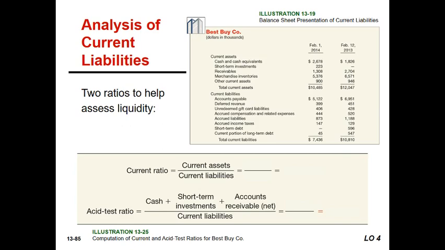So we use our current assets and our current liabilities to factor into several ratios. Here up on your screen, you have the current ratio and the acid test ratio. They're certainly not the only liquidity ratios that we use, but they are two of the key ones utilized by analysts when they're looking at an organization.